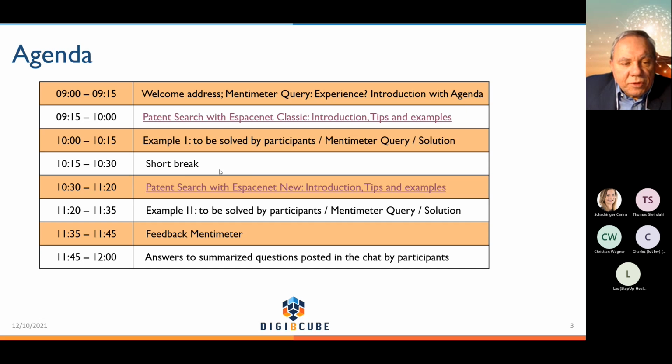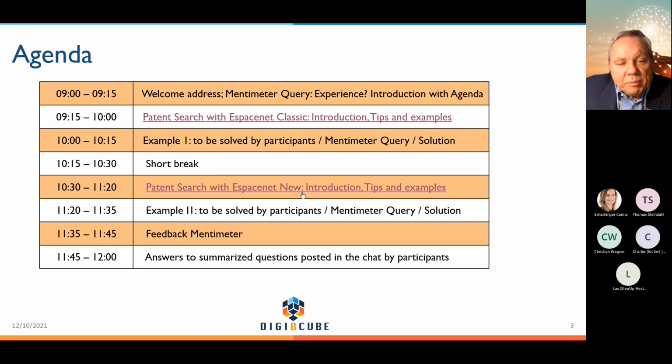And then after a break of a quarter of an hour, I will show you that Espacenet New offers quite more possibilities, quite more search criteria, and the new way how to use it.